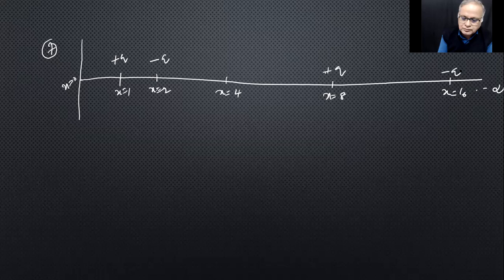Alternating charges are of opposite nature. So find E at x equals 0.